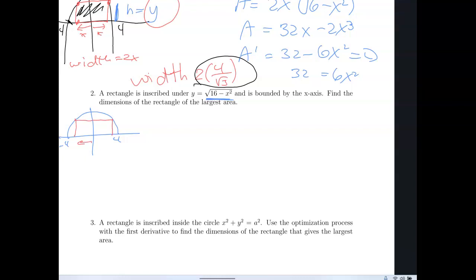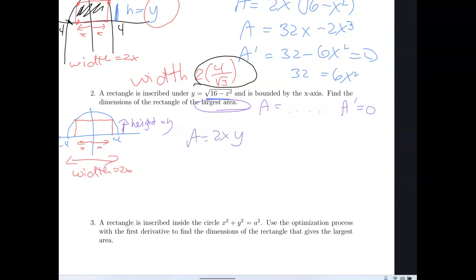So you know this is an x direction, that's an x direction, so the width of my rectangle is 2x. Okay, so what's the height of my rectangle? The height of the rectangle is y. Just one y value, right? So I want to find the largest area. So I want to find the area equation and again take the derivative of area and set it equal to 0. Okay, so area will be 2x times y.